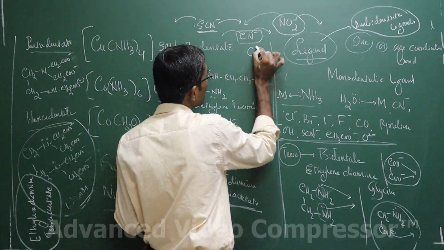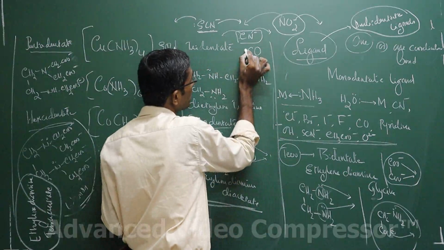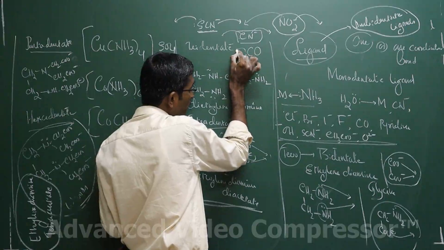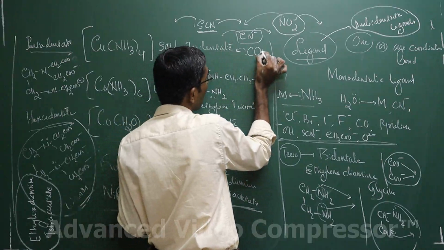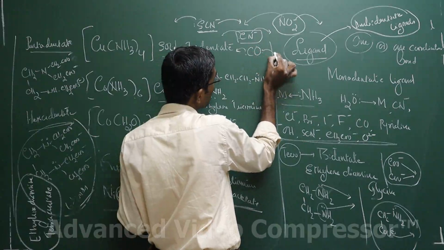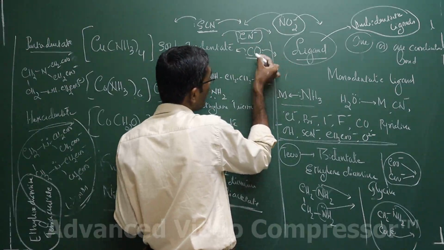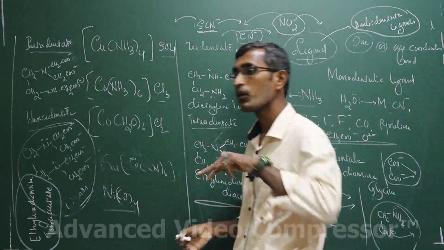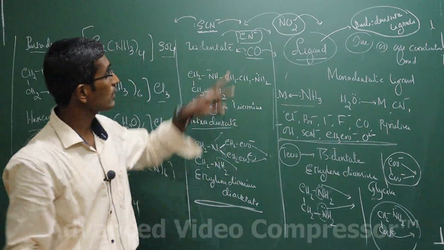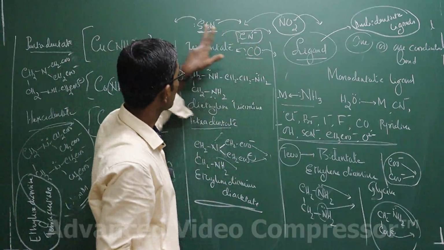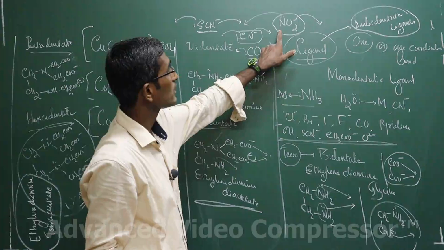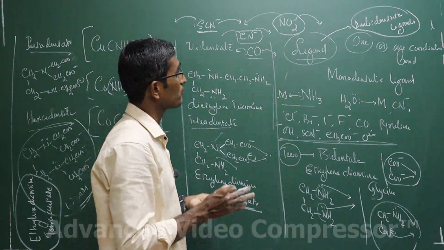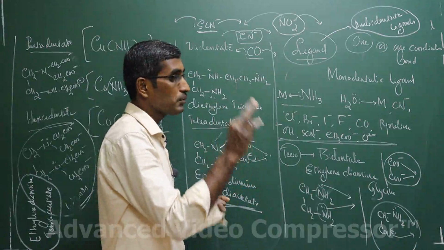For example, CO, the carbonyl ligand. In carbonyl also, carbon has a lone pair. Either the carbon can be employed for bonding with the central metal ion or oxygen can be employed for bonding with the central metal ion. In this case, either carbon or nitrogen, either sulfur or nitrogen, either nitrogen or oxygen. These are the prominent examples we have for the ambidentate ligand.